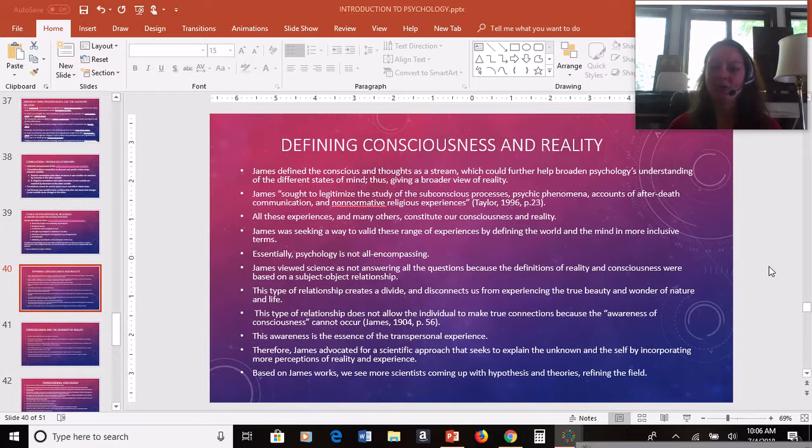We have states of consciousness that we call transpersonal, and, for lack of better words, kind of religious experiences, like some of the really profound religious experiences people have had. That's a transpersonal state. Things like meditation or mindfulness practices actually affect our brain and our brain waves and put us in different states of consciousness.